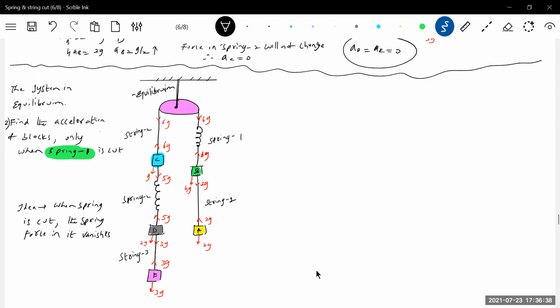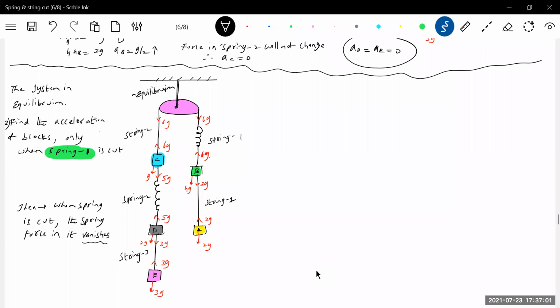We are at a very beginning stage. Vanishes means spring force will become 0. Then any string connected to the spring, the tension in that also will become 0.